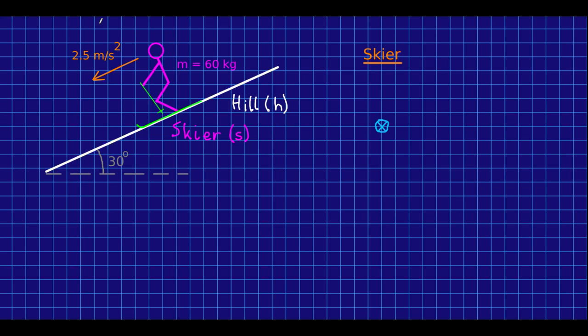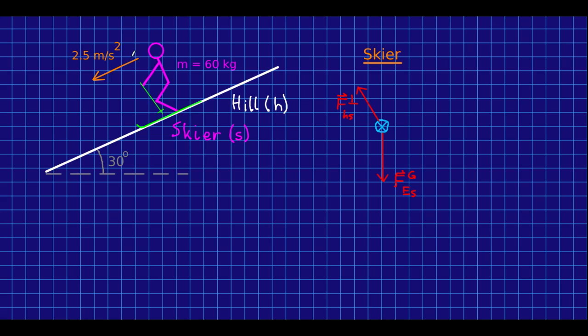There is, of course, a gravitational force due to the Earth. The only thing the skier is in contact with is the hill, so there must be a perpendicular force due to the hill. And the skier is slipping on the hill, and so there will be a kinetic friction which opposes the slipping.